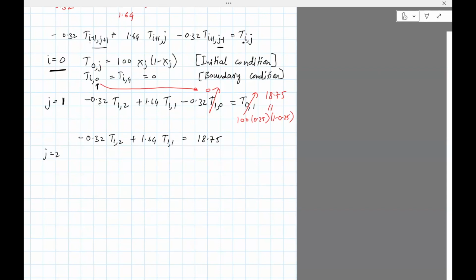Okay, then we put j equals 2 and rewrite that equation: minus 0.32 T(1, 3) plus 1.64 T(1, 2) minus 0.32 T(1, 1), where j minus 1 is 1, equals T(0, 2).